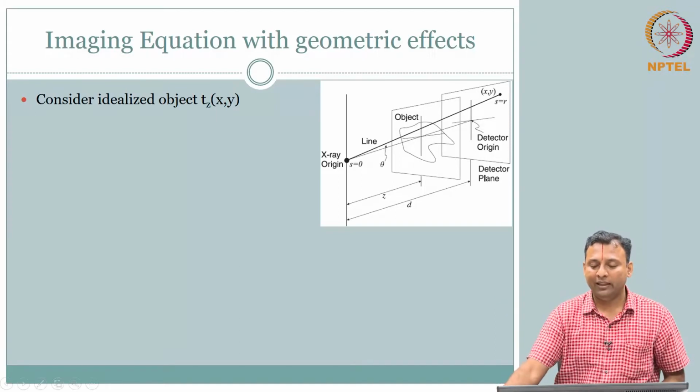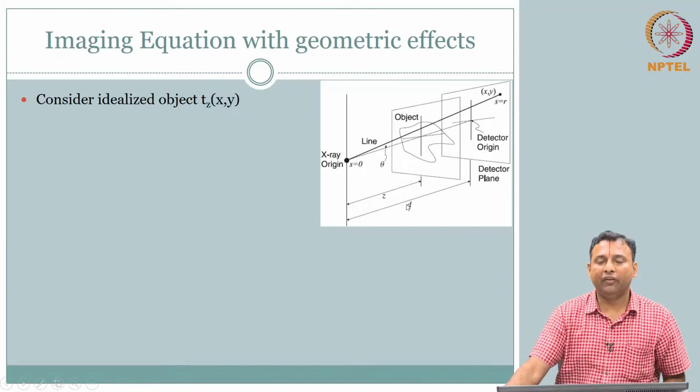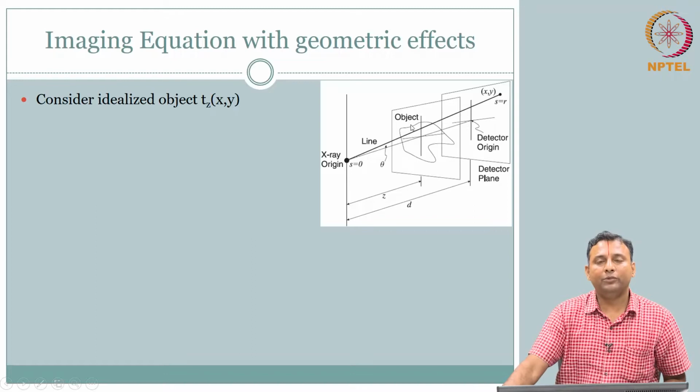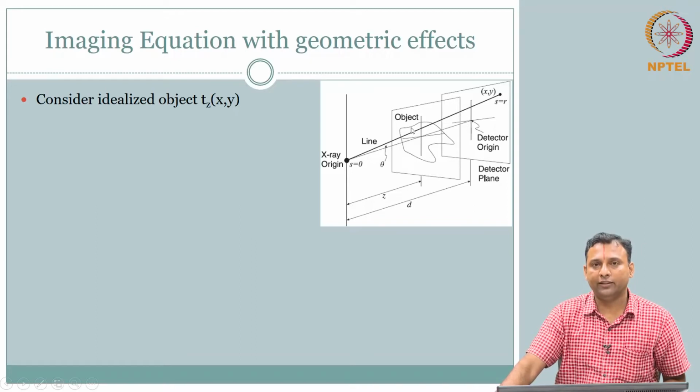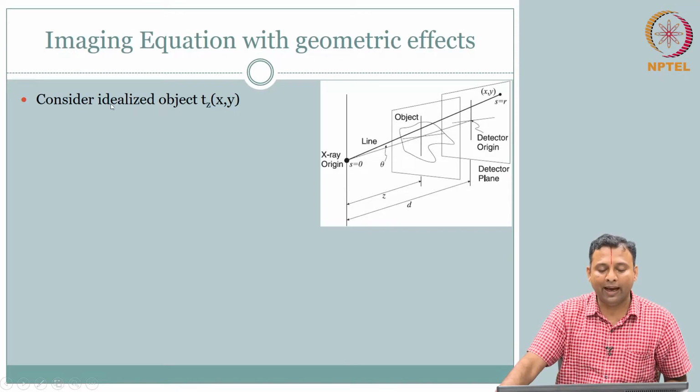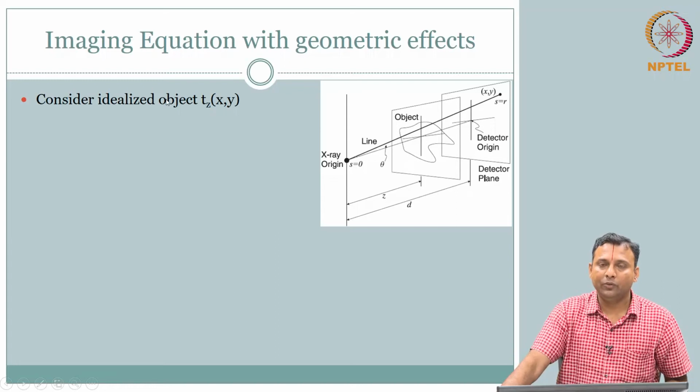I am saying I have an infinitesimally thin object, where the object is described by the total loss, not just the attenuation coefficient. So consider an idealized object. Why is it idealized?